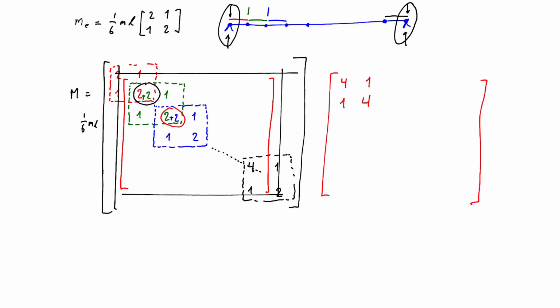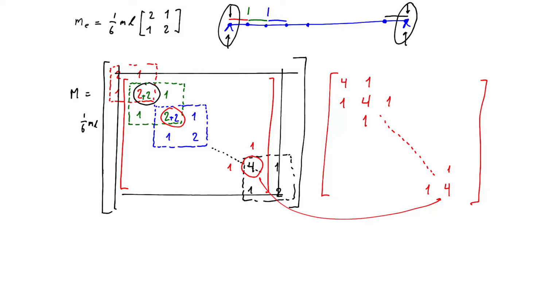Then we'll have 1, 1, and we will extend the matrix until our final bottom right entry will be this 4 over here. And we'll have a unit value on top, and we'll have a unit value to the left, and those are also present in our final matrix.